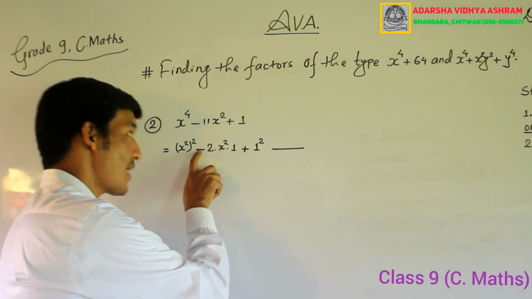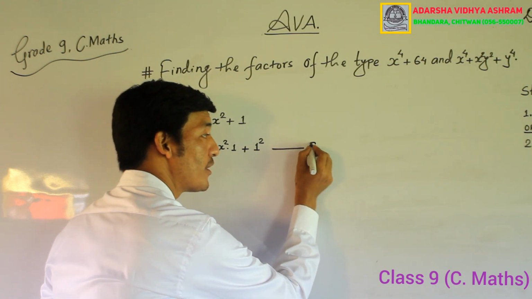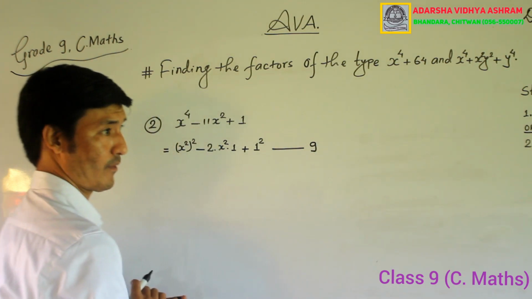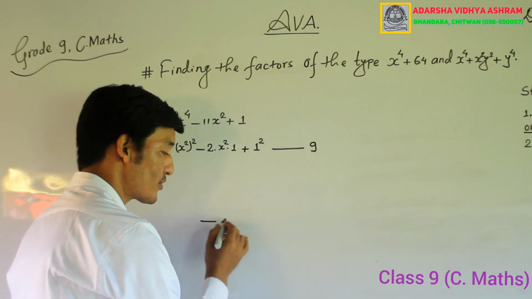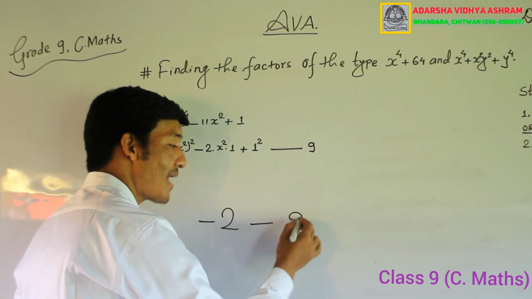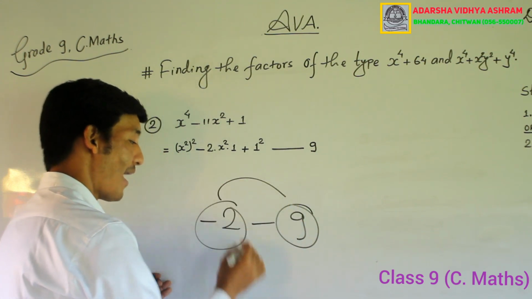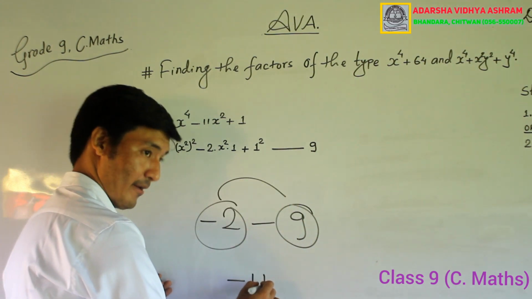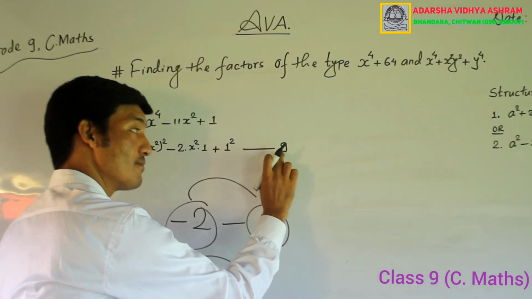Already this minus 2, and to become minus 11, you must put here what? 9. Why? Minus 2, minus 9, whenever we add these 2 things, then that becomes what? Minus 11. That minus 11 is the middle one. That's why here is minus 9.